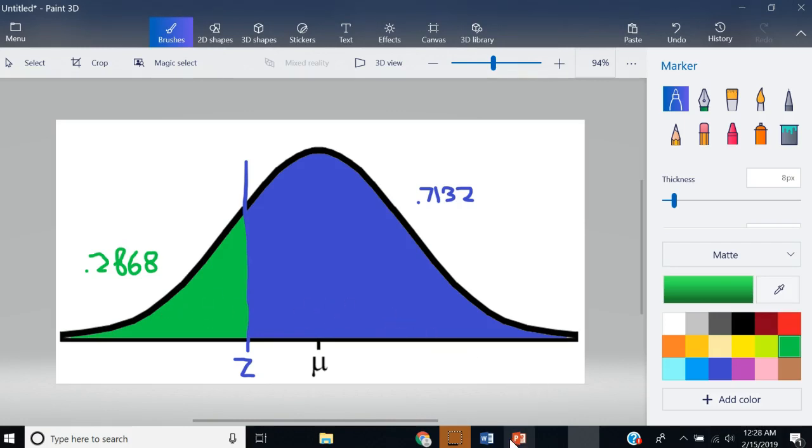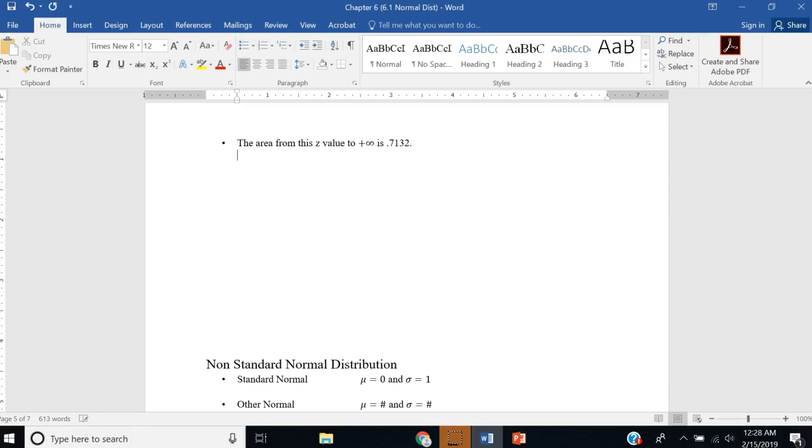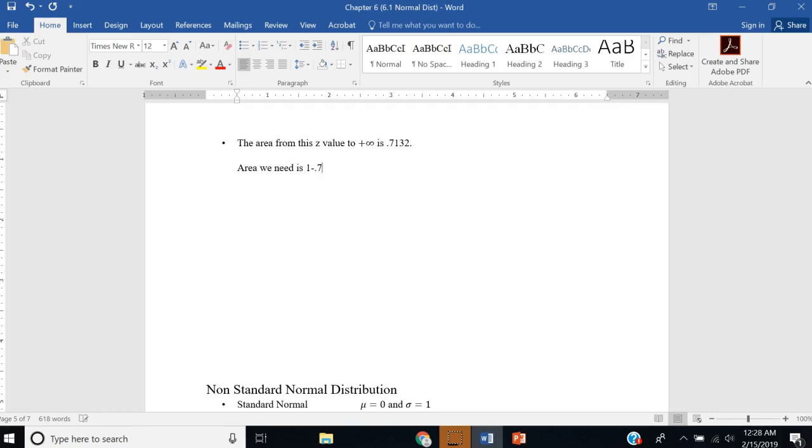If this were me, on the notes, I would first draw the picture that I was trying to draw on my slide. But I would also say the area we need is 1 minus 0.7132, which is 0.2868.